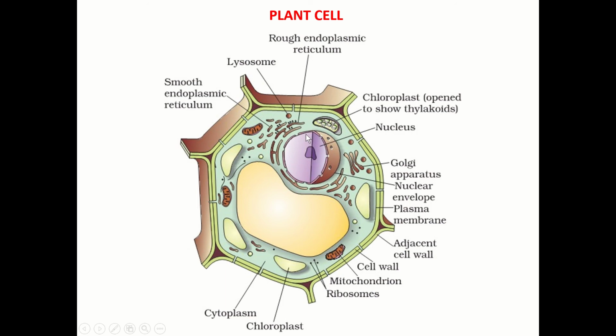A plant cell consists of a nucleus, a big vacuole, lysosome, rough endoplasmic reticulum, chloroplast, mitochondria, ribosomes, cytoplasm, smooth endoplasmic reticulum, Golgi apparatus, nuclear envelope, and plasma membrane. This is the adjacent cell wall. This is the 3D structure of the plant cell.